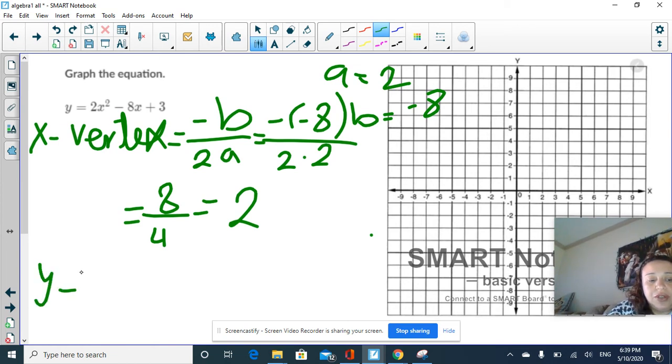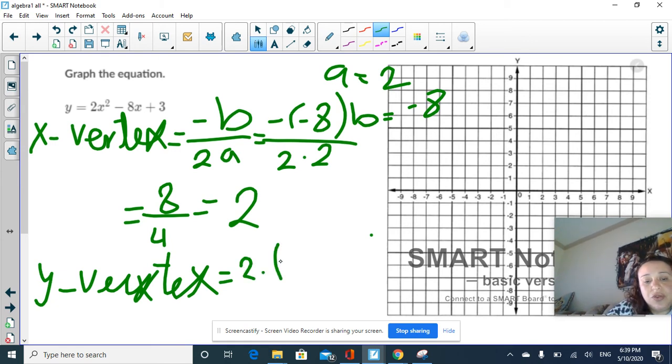The y coordinate, or the y vertex, equals: plug in x equals 2 in this function. 2 times 2 squared minus 8 times 2 plus 3. 2 times 2 squared, 2 squared is 4, 2 times 4 equals what?